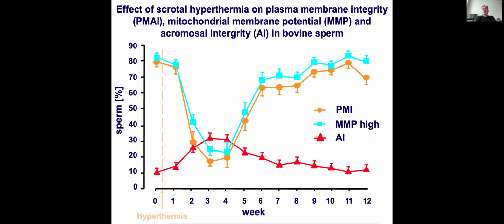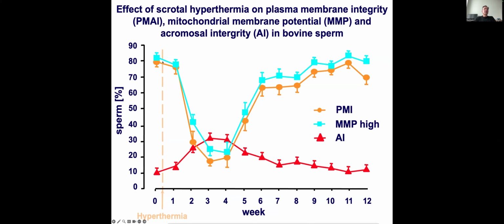And we have done a trial and induced heat stress in bulls by using scrotal insulation to see what's happening after heat stress on the testicles. Here we used 3 different assays: the plasma membrane integrity with the SYBR-PI, the mitochondrial membrane potential with the JC-1 assay, and the acrosome intactness, which we measured by using FITC-PNA.